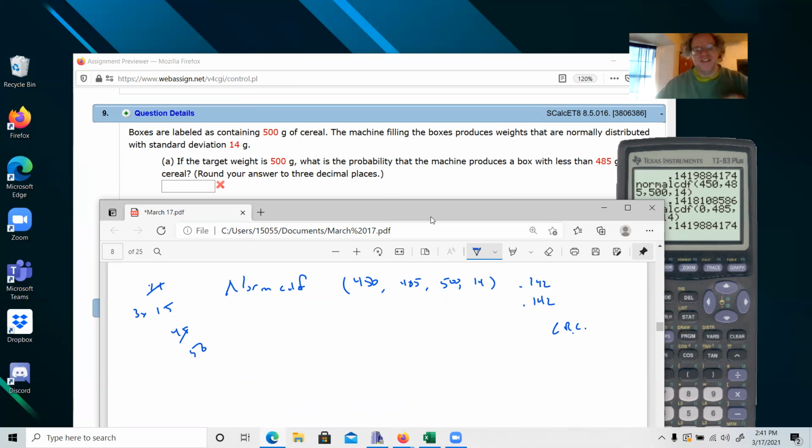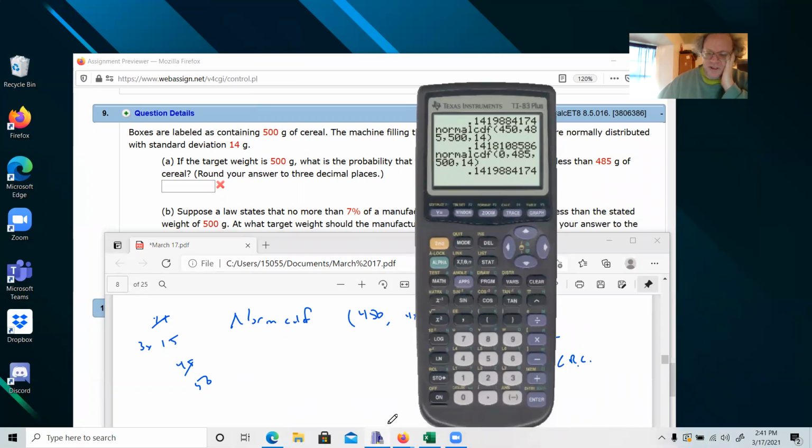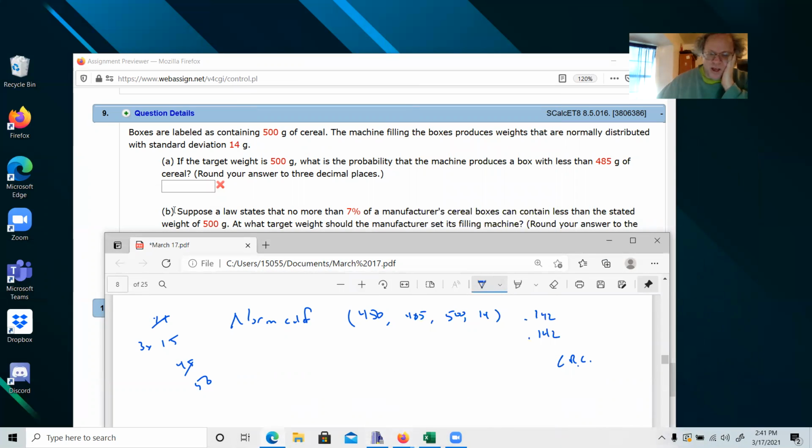Right. So this one: suppose the law states that no more than 7% of a manufacturer's cereal boxes can contain less than a stated weight of 500 grams. At what target weight should the manufacturer set its filling machine?